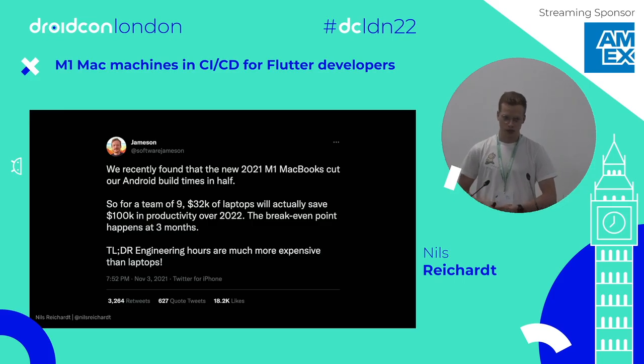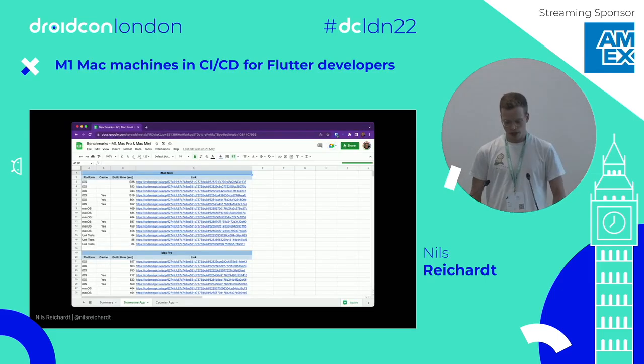This made me wonder how this affects Flutter builds, specifically for iOS and macOS. I did some tests with it. What did I use? I used our ShareZone app, because it's really big and uses a lot of native dependencies. So it comes closer to a realistic app than just using the Flutter counter app, which uses none of the native dependencies.